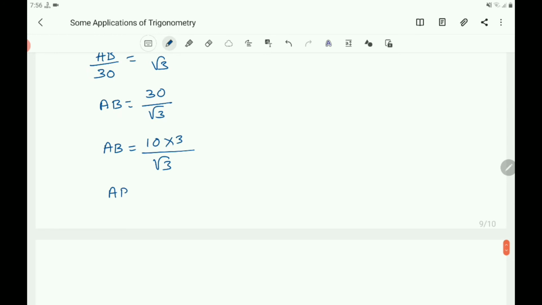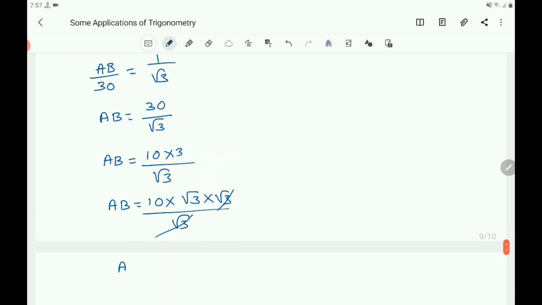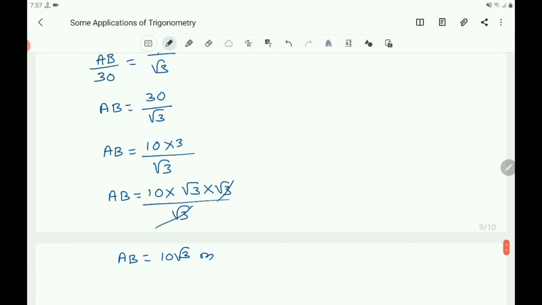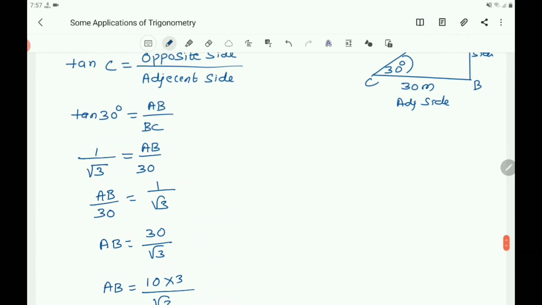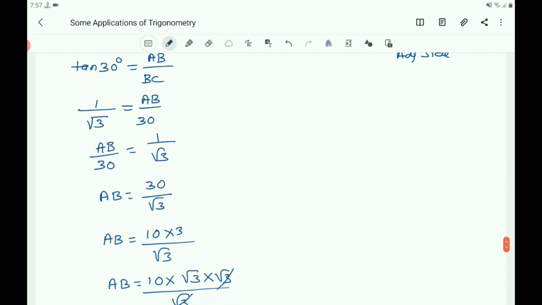So AB equals 10 into root 3 into root 3 by root 3. Now you cancel root 3. Then you will get AB equals 10 root 3 meter. Hence the height of the tower is 10 root 3 meter. So you got AB is 10 root 3, that is nothing but the height of the tower.